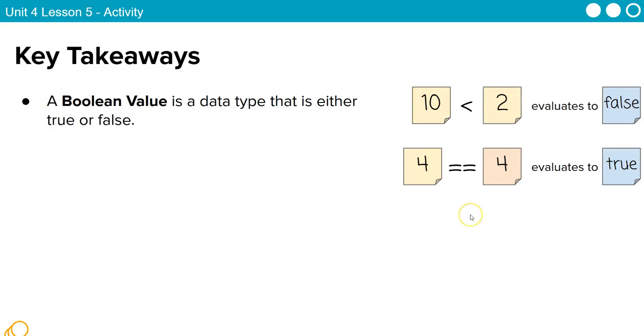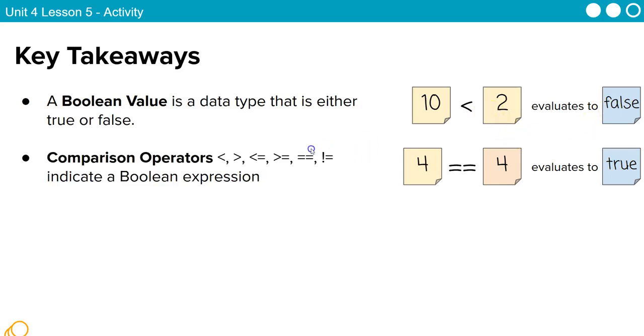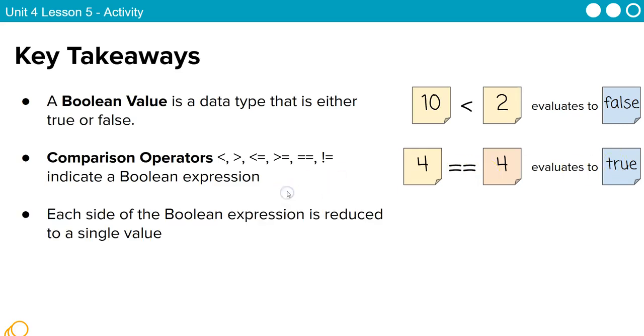So some of your takeaways for this lecture, because again, I'm going through this quick. Normally you'd be in class with me for a week or two learning this. A Boolean value is a data type that's either true or false. We use these comparison operators, less than, greater than, to indicate a Boolean expression. So we're looking to see, does this expression using this comparison operator evaluate to true or false?